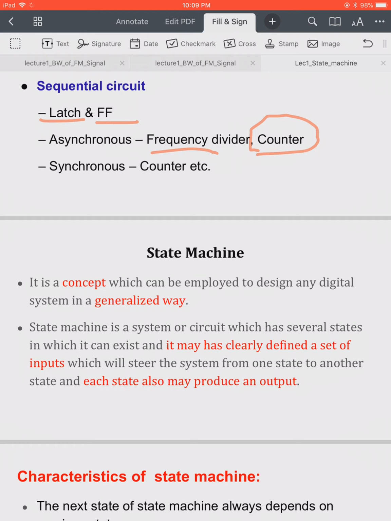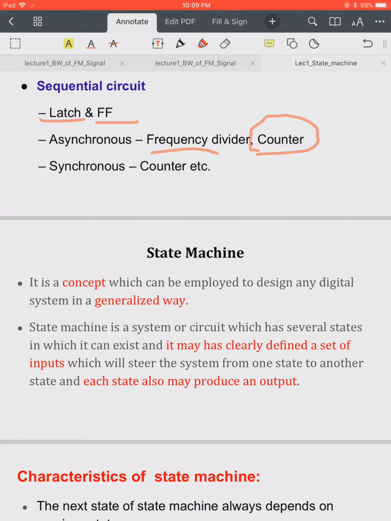For a state machine it is obvious that it will have some finite number of states, so that's why it is often called finite state machine.